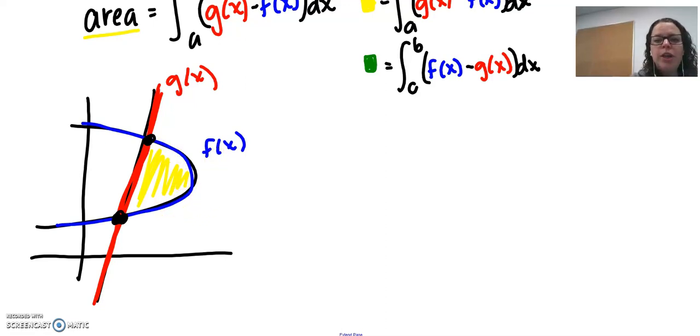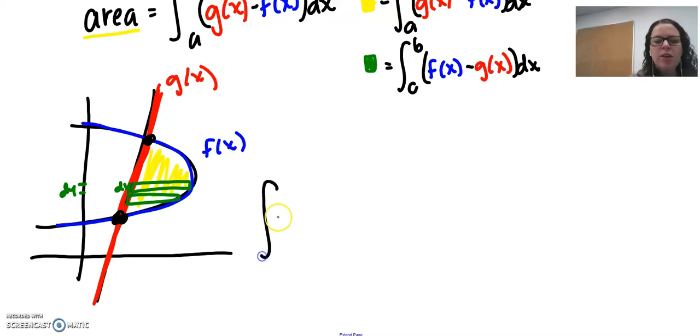But if I'm a little bit more creative and I do my slicing this way, my representative rectangles then are just the bigger curve, which would be to the right on the x-axis, so f of x minus g of x, and then these right here represent infinitesimally small widths, but cutting along the y-axis. It's a change in y for your rectangle.